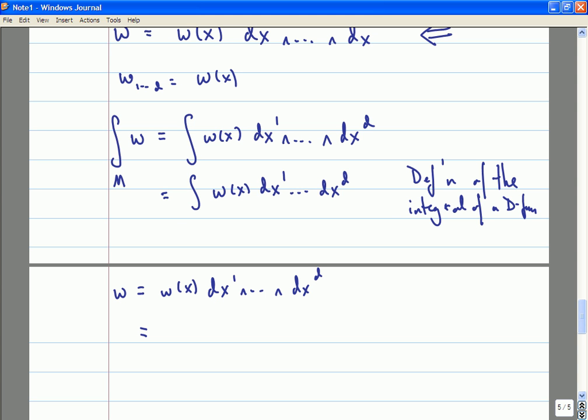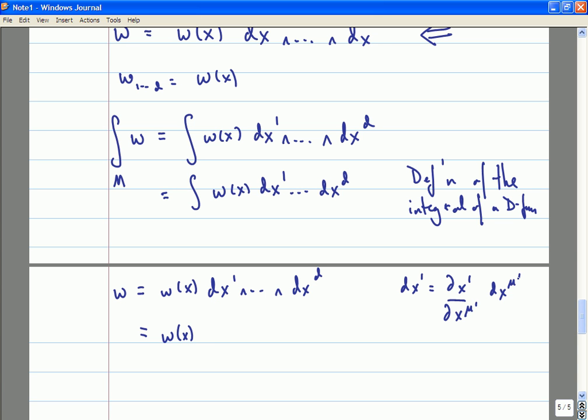Well, if we want to work it out explicitly, we could just use the fact that dx1, for example, is equal to dx1 by dx mu prime, dx mu prime.